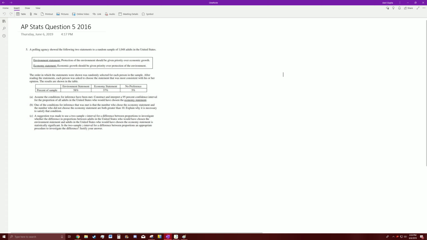So let's just highlight some things. Economy statement. So we're using the 0.37. So we should probably do the four-step process, as follows. 95% confidence level.